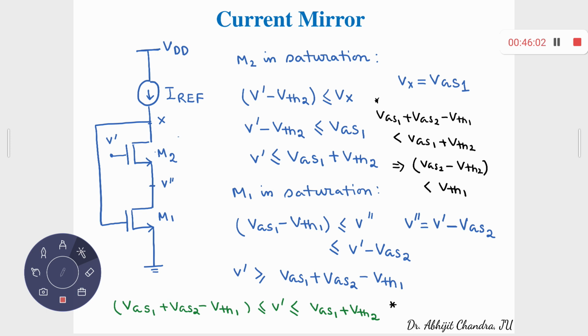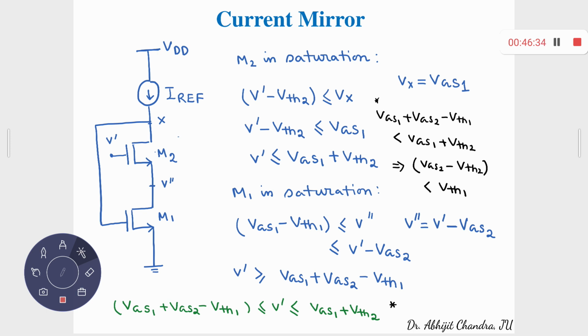So I simply plug in the values: V dash minus Vgs2. That will give you the lower limit for V dash, and this is the upper limit for V dash. So V dash is bounded between VGS1 plus VGS2 minus VTH1 to VGS1 plus VTH2. Accordingly you have to select the value for V dash.